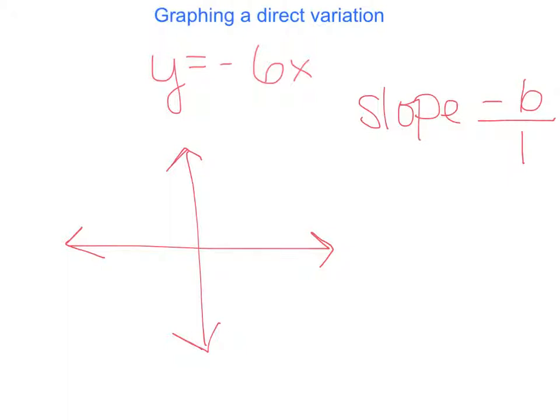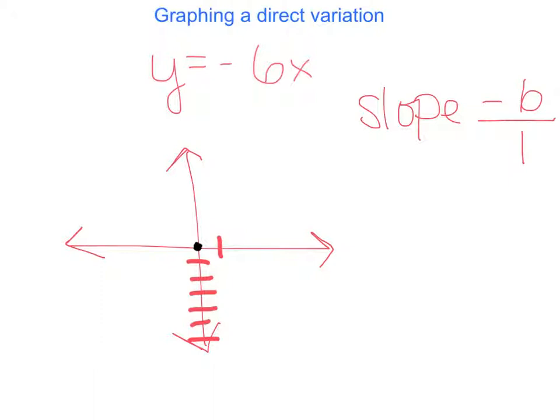So we graph the point 0, 0, which is in the center, and then from there, we use our slope and we graph more. So it tells us that we are going to rise -6. So that means we go 1, 2, 3, 4, 5, 6. And then it tells us to run +1.